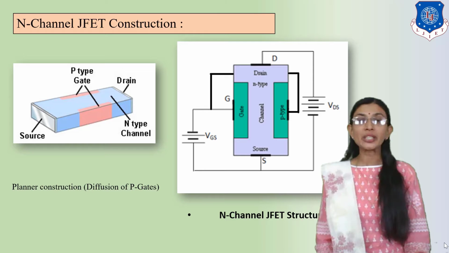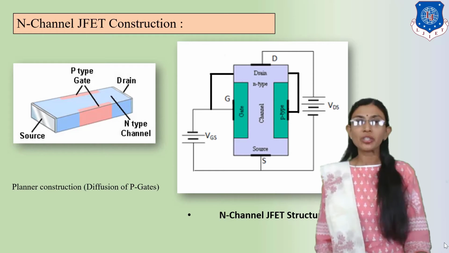For biasing purposes, we are connecting two batteries, one VGS and another VDS. We will have the input loop and output loop, and after understanding and drawing the construction of N-channel JFET, we will have to understand the working of JFET.